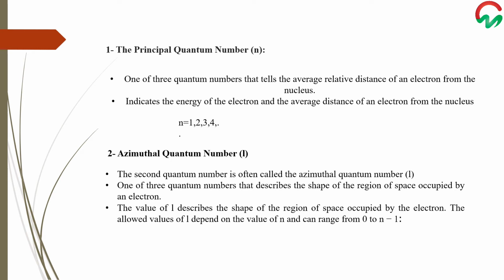The allowed values of L depend upon the value of n, and can range from 0 to n minus 1. For example, if we take n equals 1, then L can be only 0. If we take n equals 2, then L can be 0 and 1, and so on.